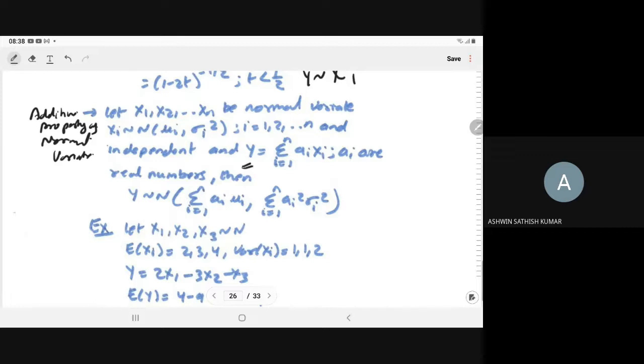Then if you define another random variable y as a linear sum a1 x1 plus a2 x2 plus ... plus an xn, then y follows the normal distribution with mean a1 mu1 plus a2 mu2 plus ... plus an mu n, and variance a1 square sigma 1 square plus a2 square sigma 2 square plus ... plus an square sigma n square.